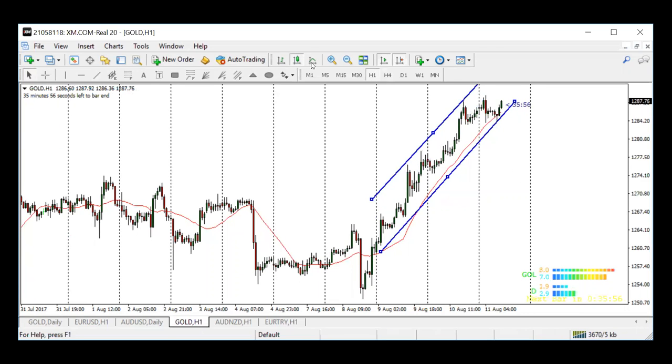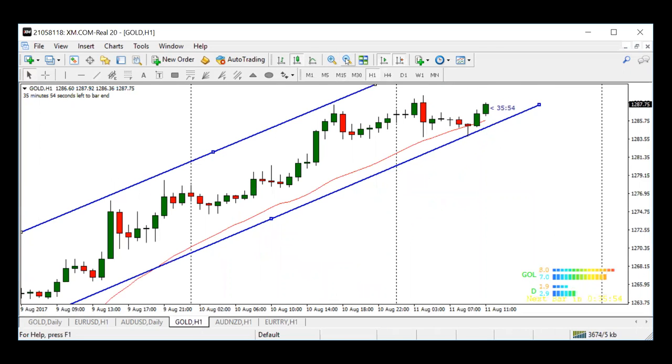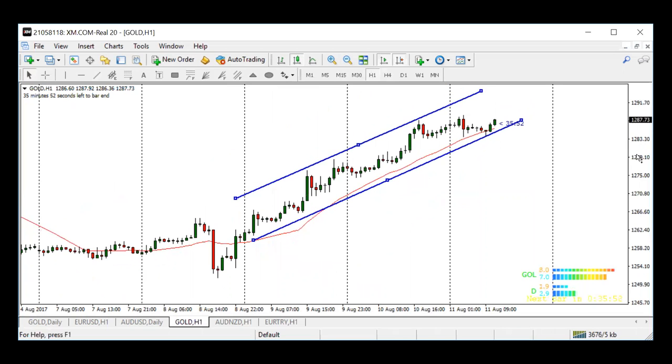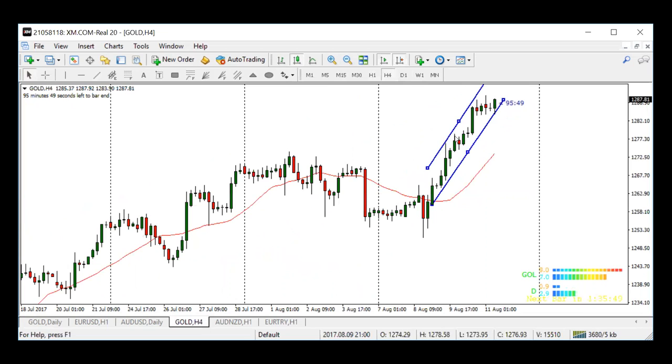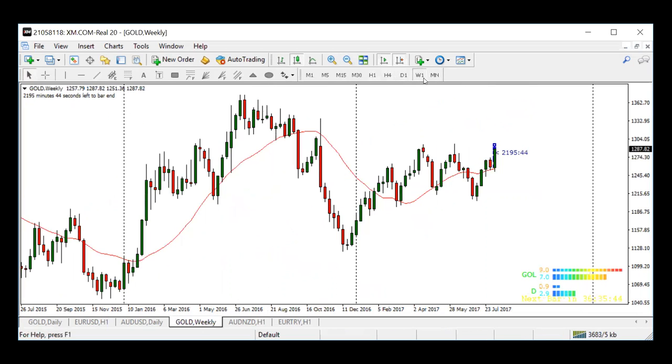So as you can see here, it is a good uptrend for gold. You can see, right? In a week, it's very, very bullish.